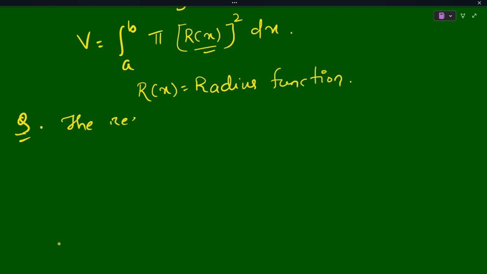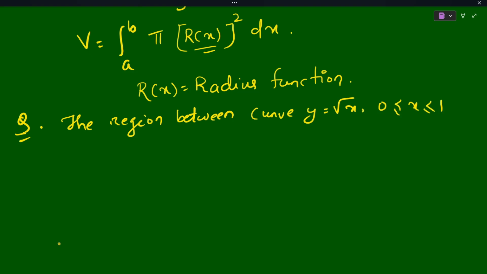Suppose a question is there: the region between the curve y equal to root x, where x is from 0 to 4, and the x-axis. Okay, so see what region is given here. First, the curve y equals root x, and this is the limit of x, and the x-axis is already given.